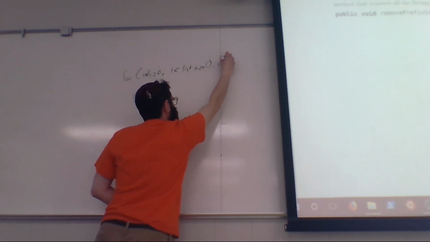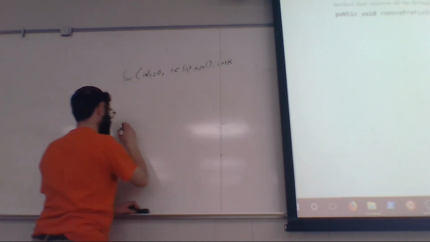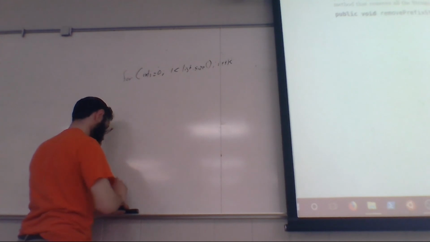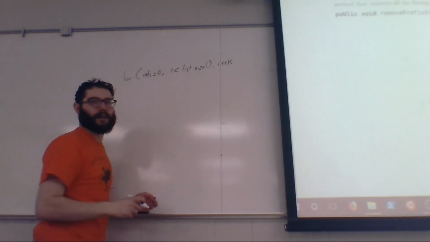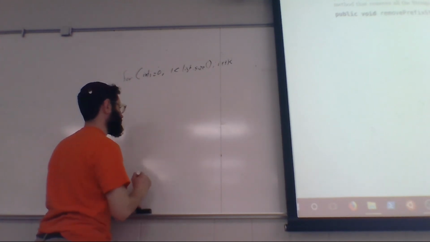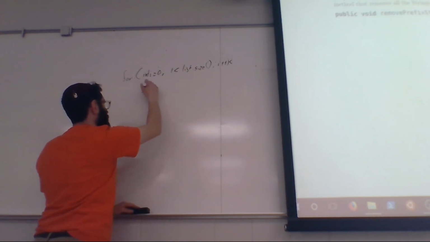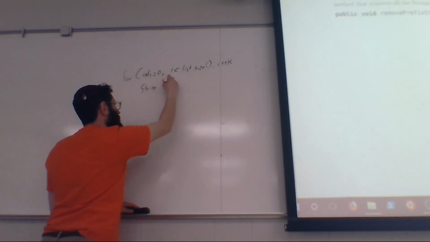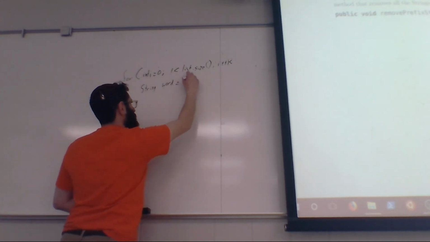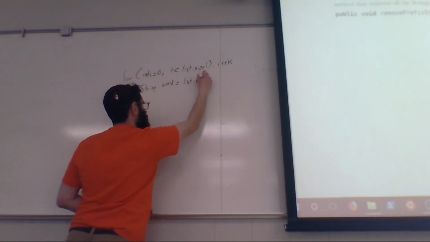I++. Okay, so now I've got to figure out how it begins with. Let's assume I don't know the super secret cheat code. How do I check if so string word is equal to list.get I.